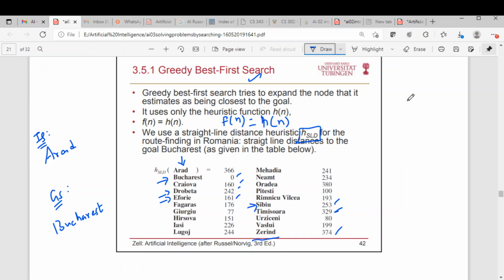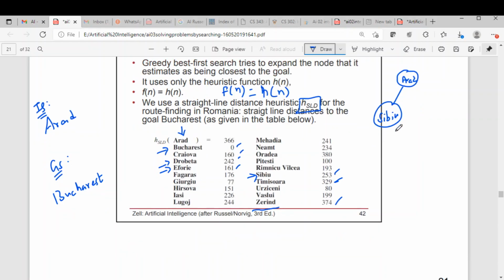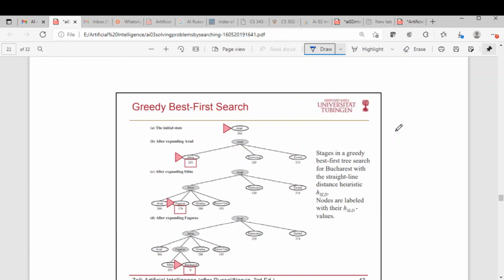Right? So the algorithm, from Arad, will go to Sibiu. Okay. So this is the first decision it makes. So that is represented here. Initially the agent is in Arad. Now from Arad it can go to any of these three destinations. But it is choosing Sibiu.